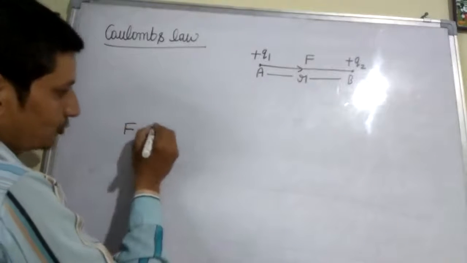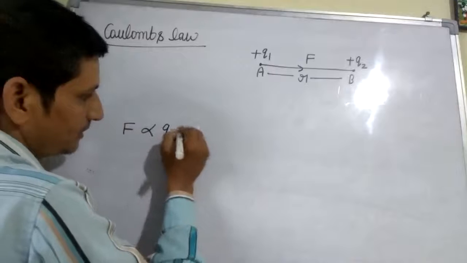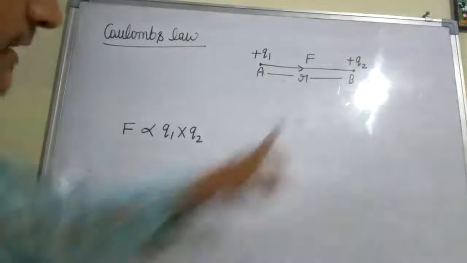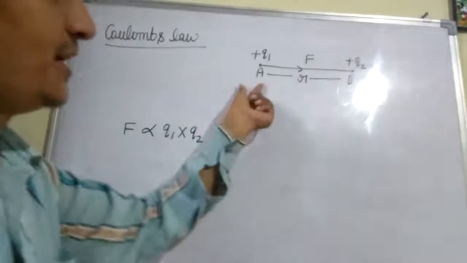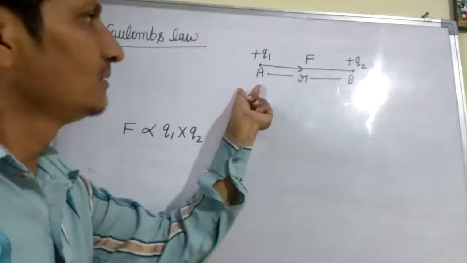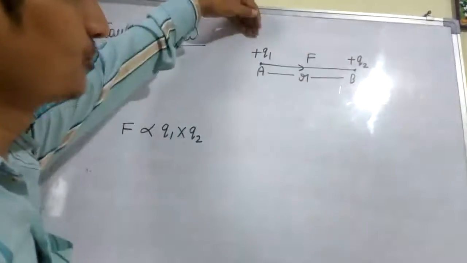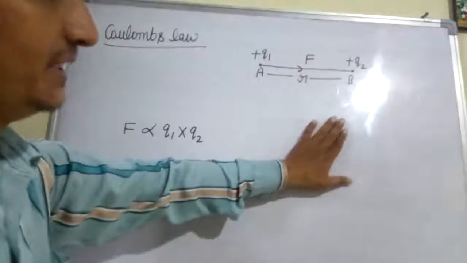F is proportional to Q1 into Q2. Again listen to me. Suppose 2 point charges are present on points A and B. Point charges are plus Q1 and plus Q2 respectively.